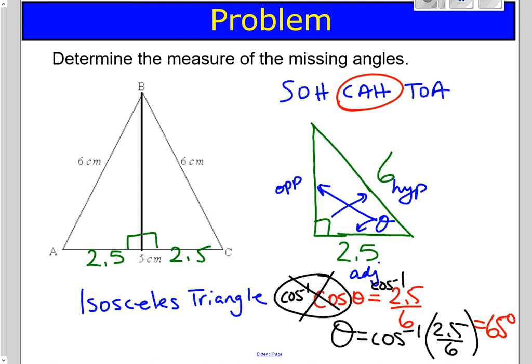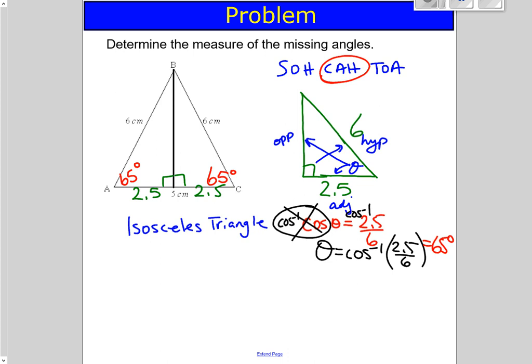So let me go back to my original diagram here. So that means that this angle right here is 65. And the nice thing is with isosceles triangles, since they have two sides the same, they also have two angles that are the same, which means angle A also has to be 65 degrees.